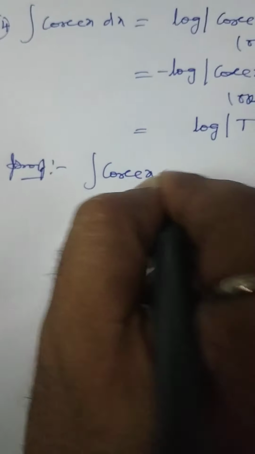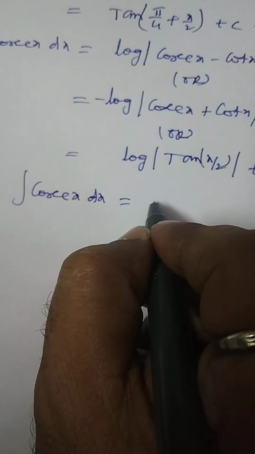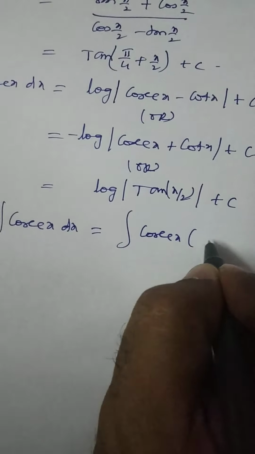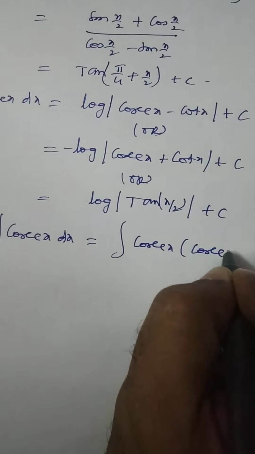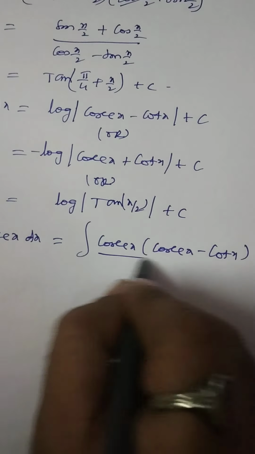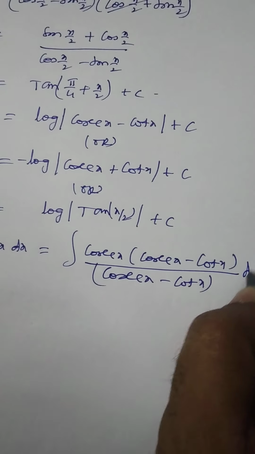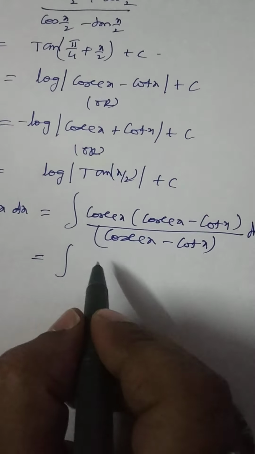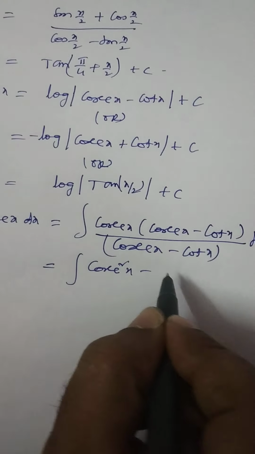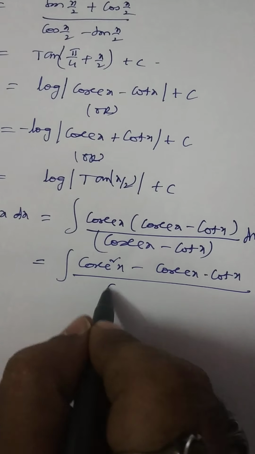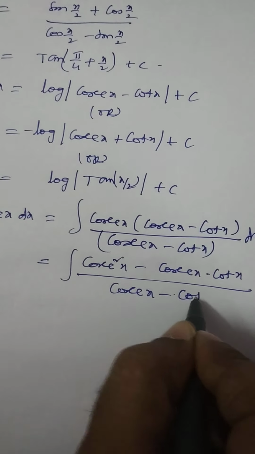So here also for the proof, integration of cosecant x dx, we multiply and divide with cosecant x minus cot x. Here again, if you observe, we have cosecant square x minus cosecant x into cot x by cosecant x minus cot x dx.